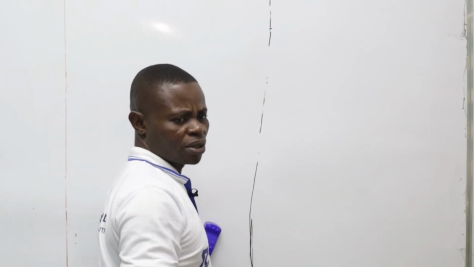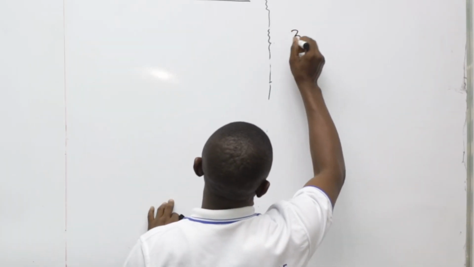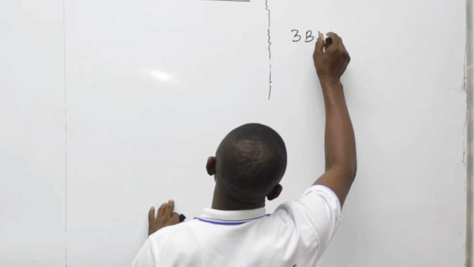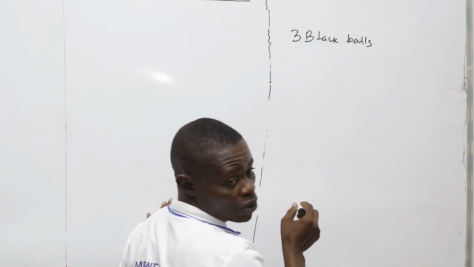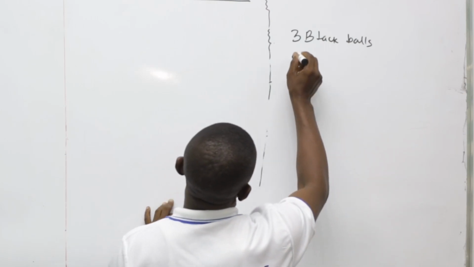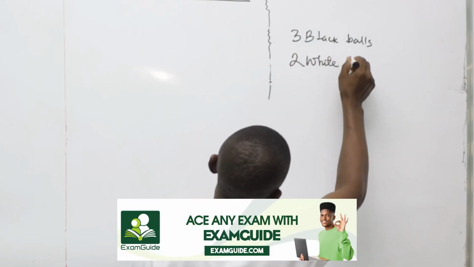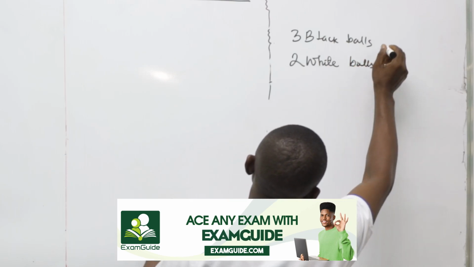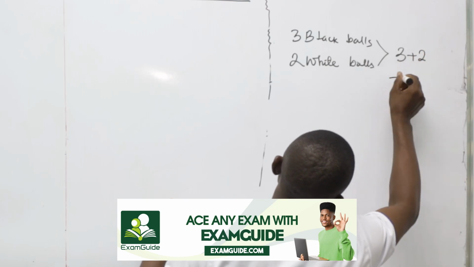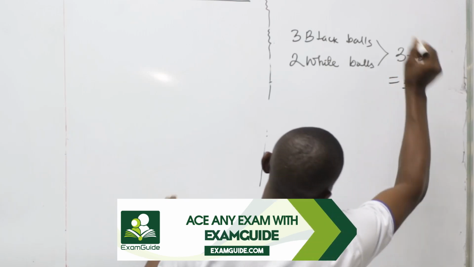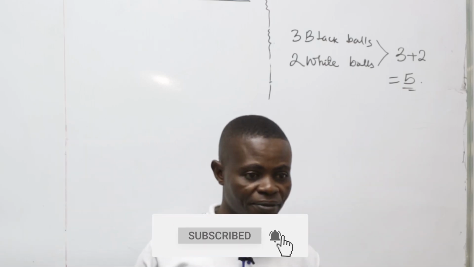I have 3 black balls. We also have 2 white balls, which is going to give us 3 plus 2 equals what? 5. At least we know our total outcome now is 5.